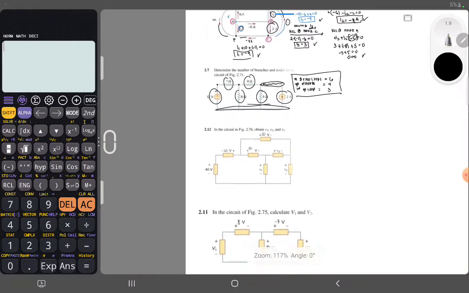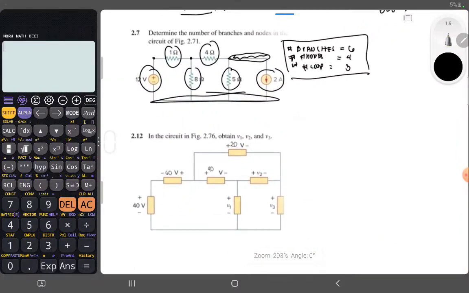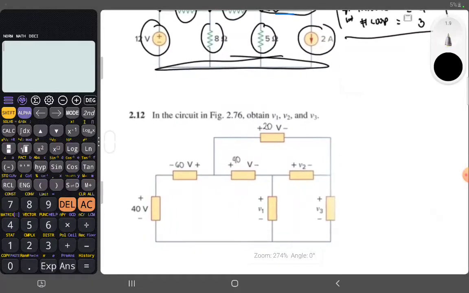Next, in the circuit, obtain V1, V2, and V3. Okay. So, V1, V2, and V3. So, ngayon, ang gagamitin natin dito, syempre mga KVL lang to. So, pag sinabi natin KVL, it is about the voltage in the loop. Okay?